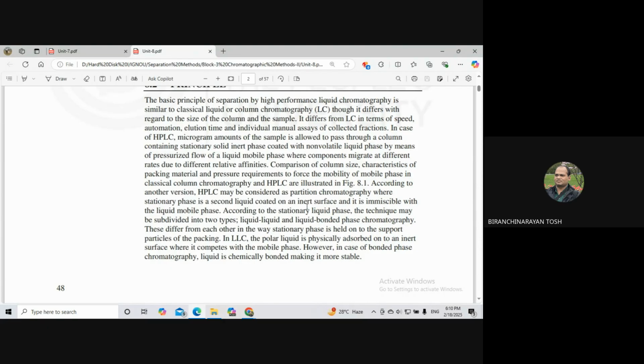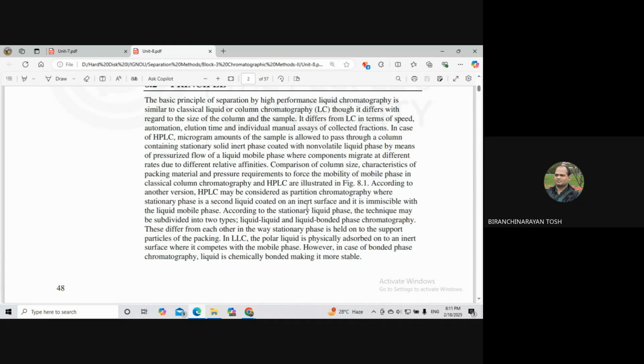In case of HPLC, microgram amounts of sample are allowed to pass through a column containing stationary solid inert phase coated with non-volatile liquid phase by means of a pressurized flow of a liquid mobile phase, where components migrate at different rates due to different relative affinities.